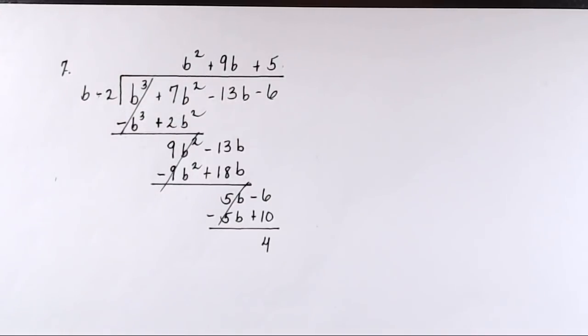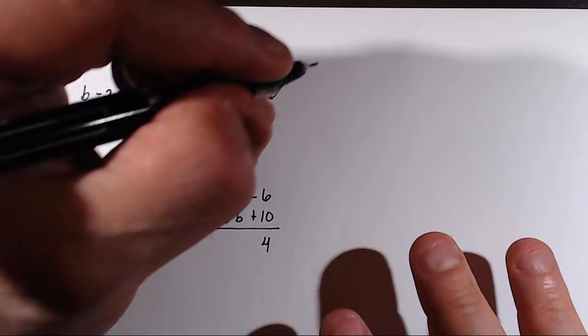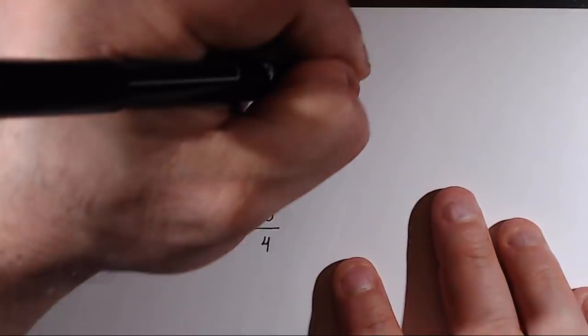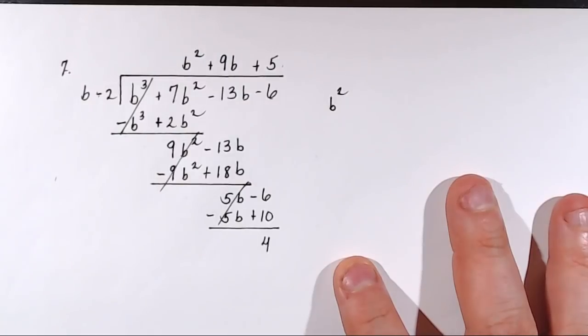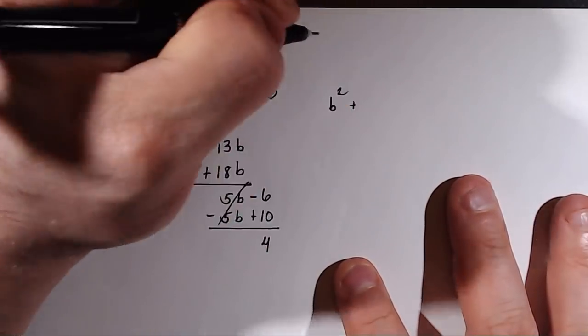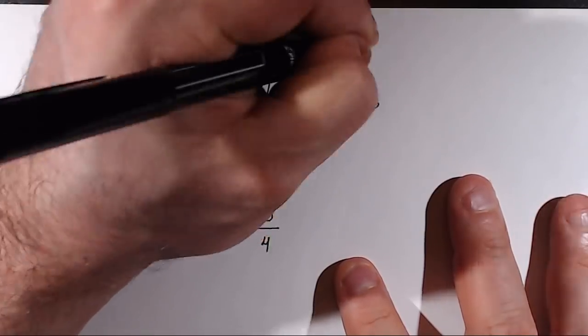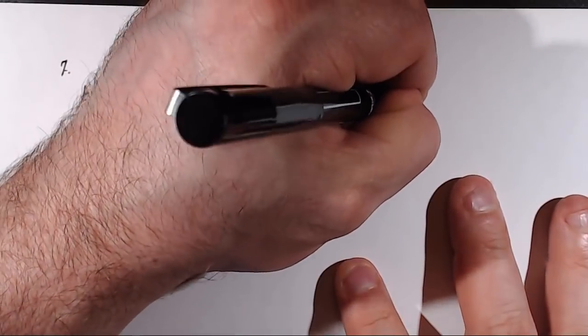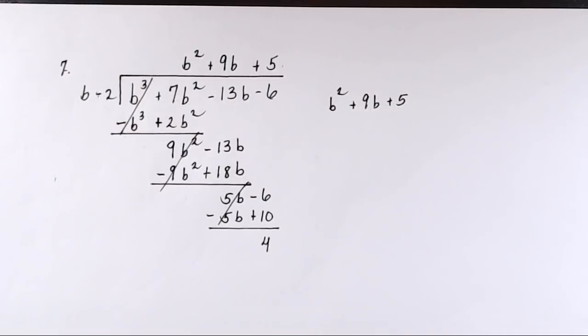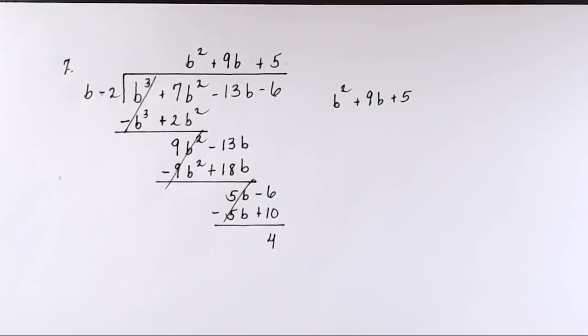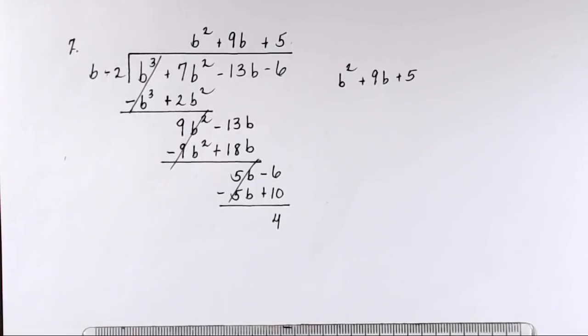So we have a remainder in this problem. And so our answer is b squared. So I write the quotient, the whole part of the quotient, b squared plus 9b plus 5. And then I do exactly what I would do in any other long division problem.